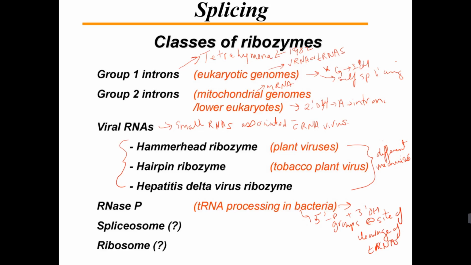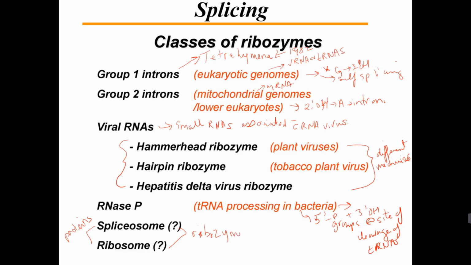I put some question marks here beside the spliceosome and the ribosome. The key thing is that both of these require proteins as well. So they're not entirely RNA that carry out these catalytic mechanisms, but they also use proteins. I'll leave it up to you to decide whether they fall under the definition of a ribozyme.